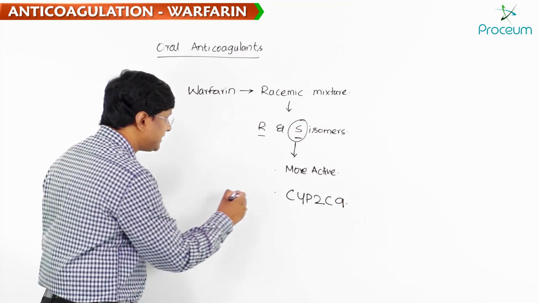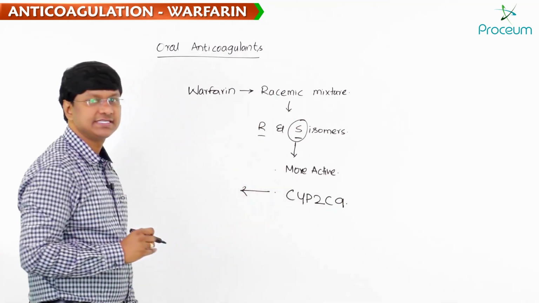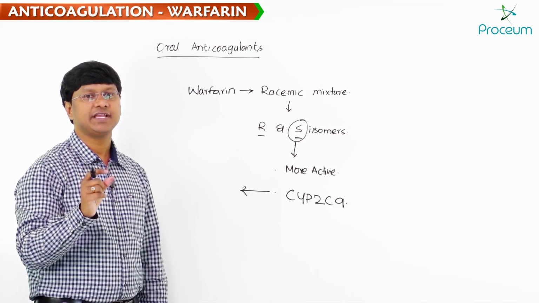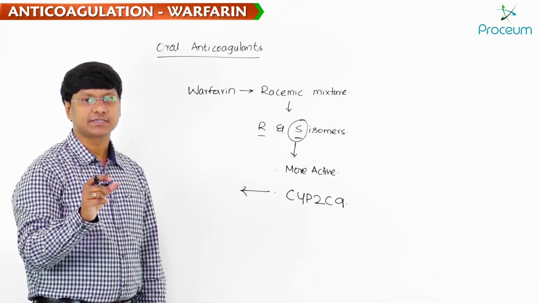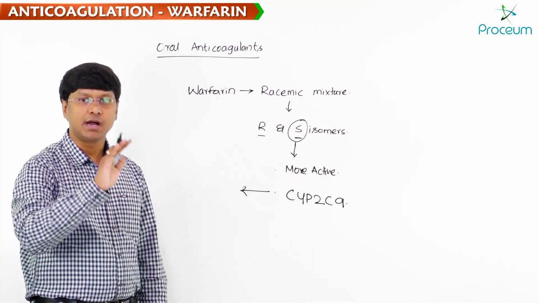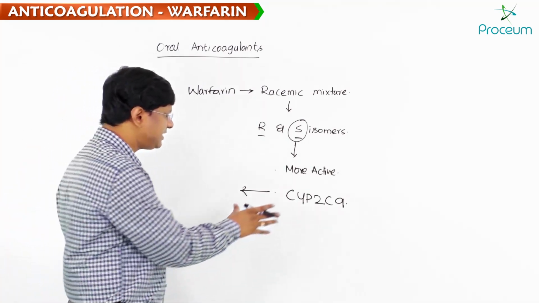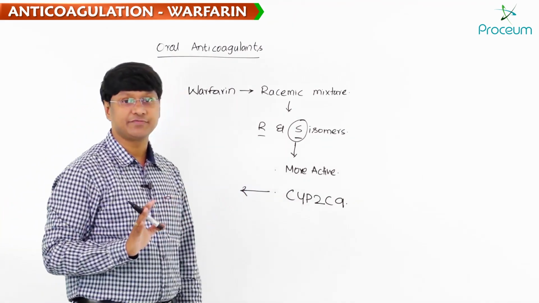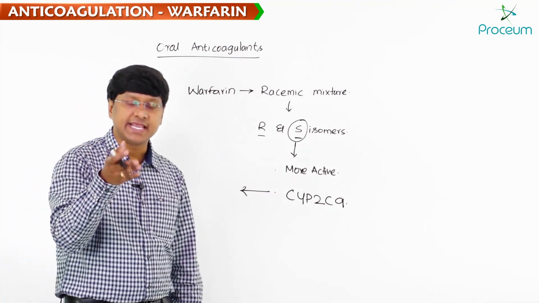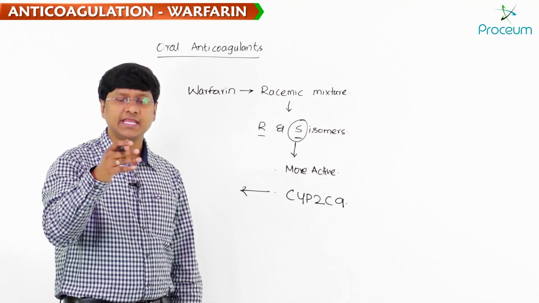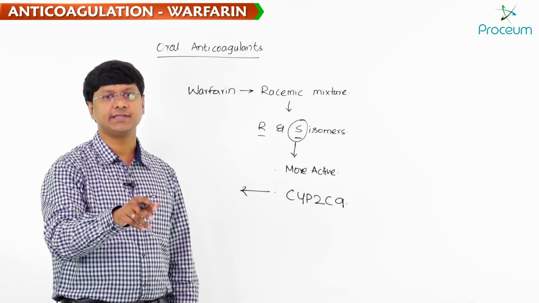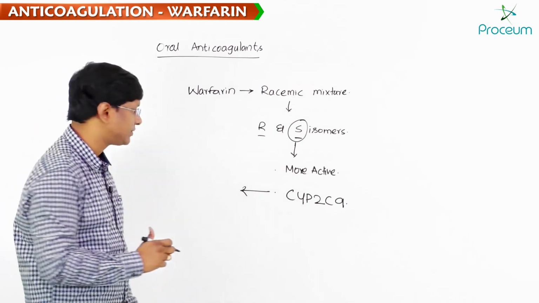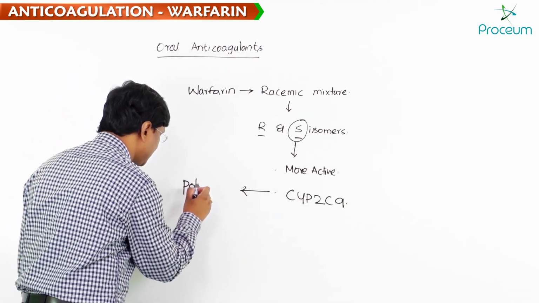Now, if there is any polymorphism of this CYP2C9, polymorphisms in CYP2C9 may affect the activity of warfarin among different persons. That means if there is a single form of CYP2C9, there is no problem, the S warfarin gets metabolized. But if there are any mutations or variations of CYP2C9, then that may affect the activity of warfarin among different persons.